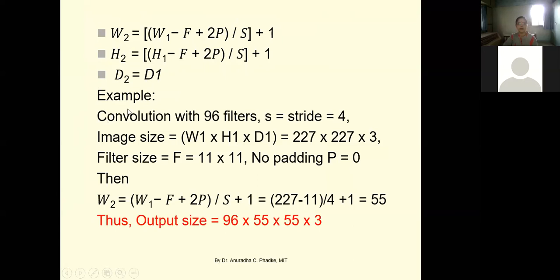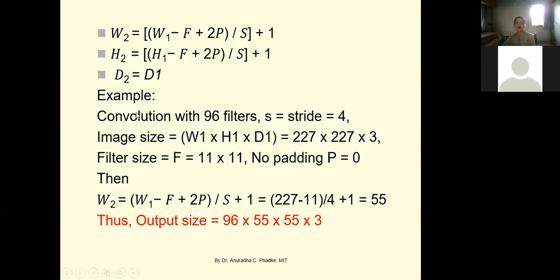So here consider one more example. If we are using an image with size W1 H1 D1 as 227 into 227 into 3, this is the original image size, which means this is a color image because depth is 3.